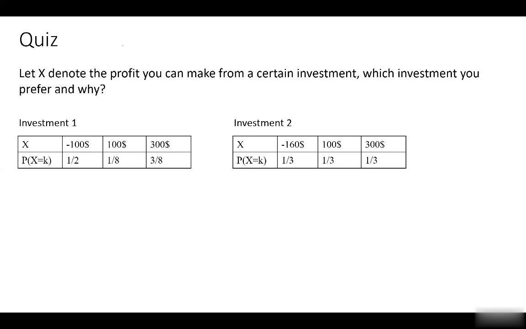Okay, I'll give you a hint. Usually, to decide which one you prefer, first we look at the average profit, right? So how do you calculate the average profit? We can use expected values. This is actually the meaning of expected value.